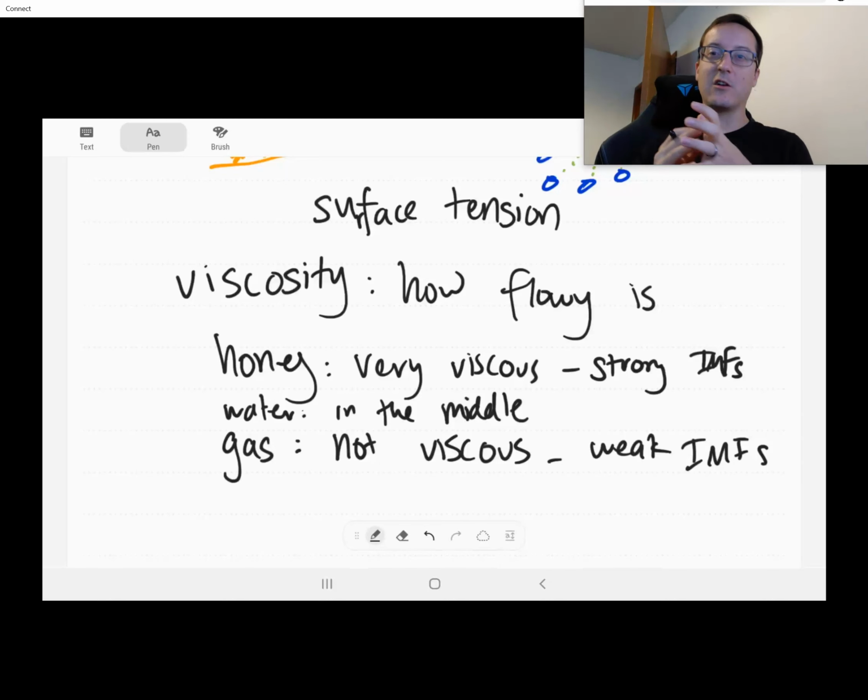The more close they are together, the less likely they are to tumble around and move from container to container. However, it's kind of just a rule of thumb. You can think of vegetable oil as actually more viscous than water is, but it is less dense. So there are certainly exceptions to this, but typically that is a fair trend.